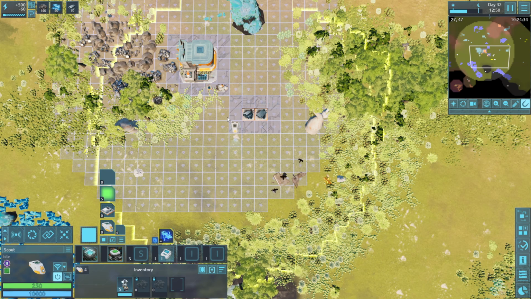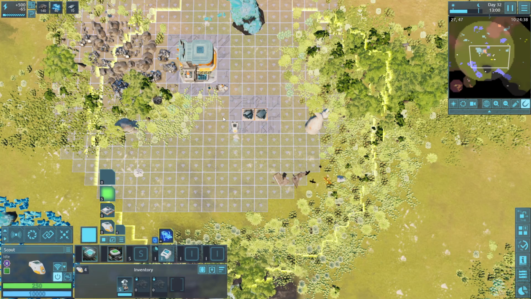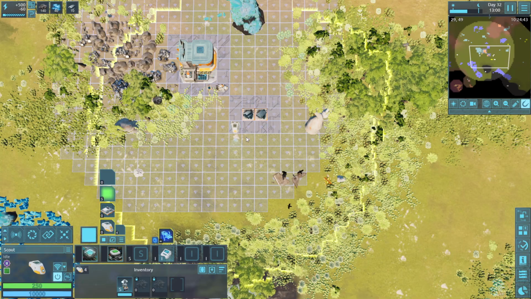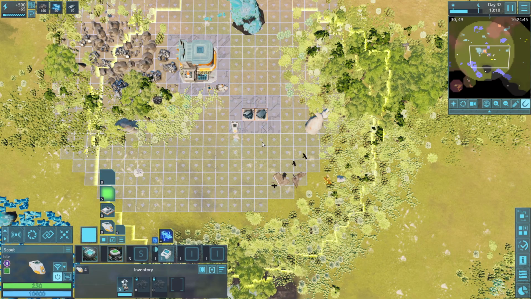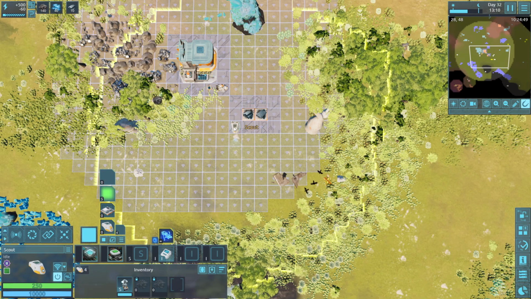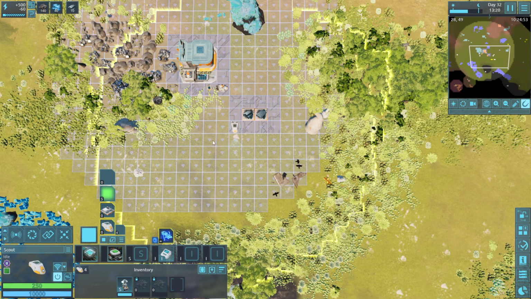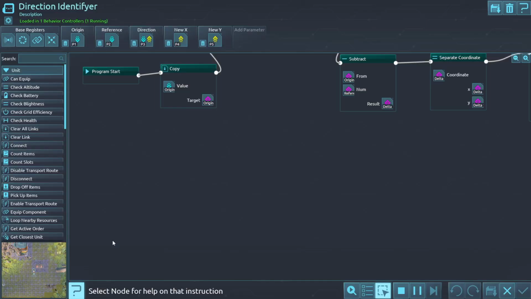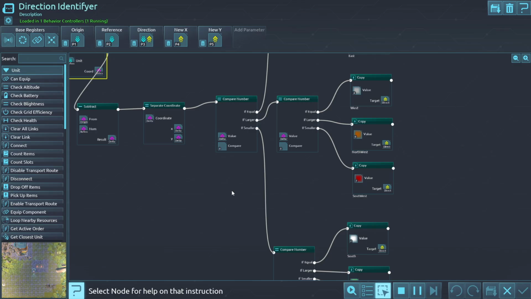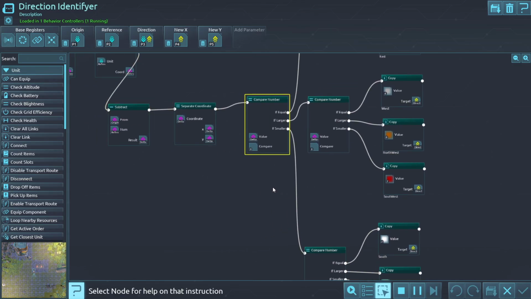And what that means is we actually get positive values when we're going up and left, and we get negative values when we're going down and right, because we're subtracting the new bigger value from the old smaller value. So that's going to be important because we're going to use whether or not numbers are positive or negative in order to determine what direction we're looking or moving.